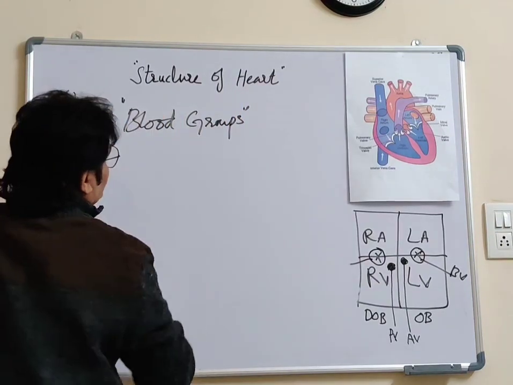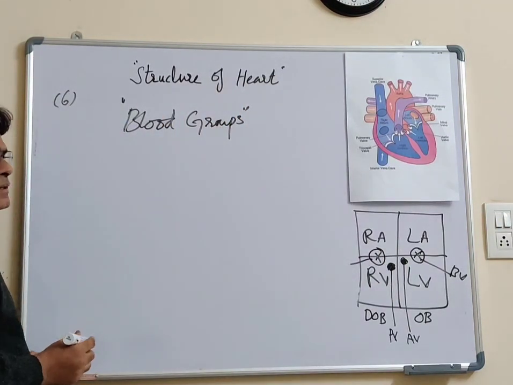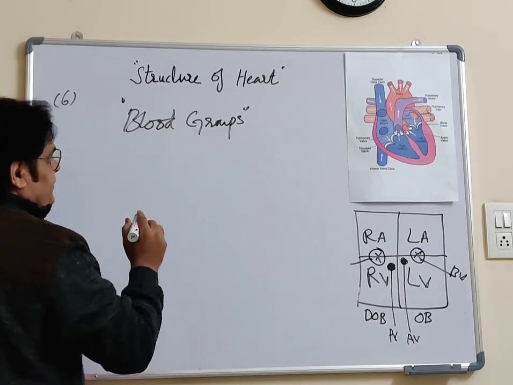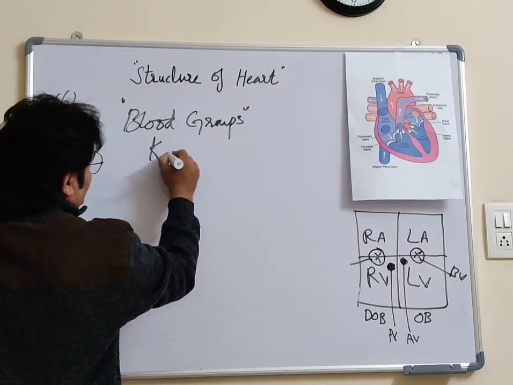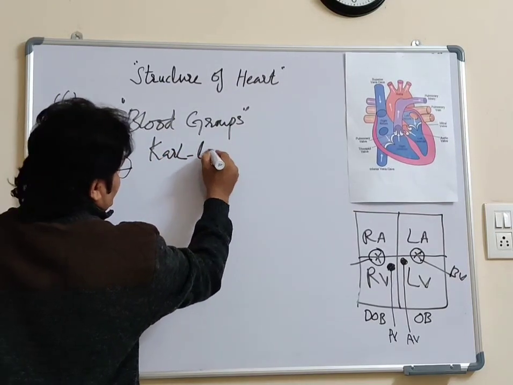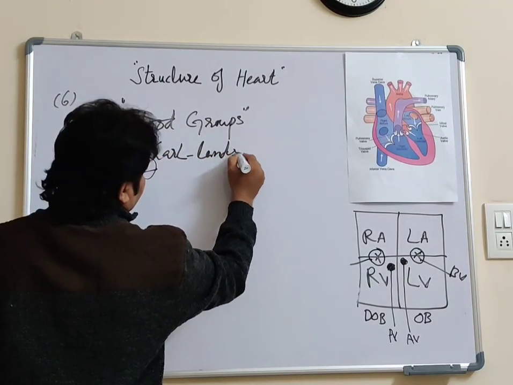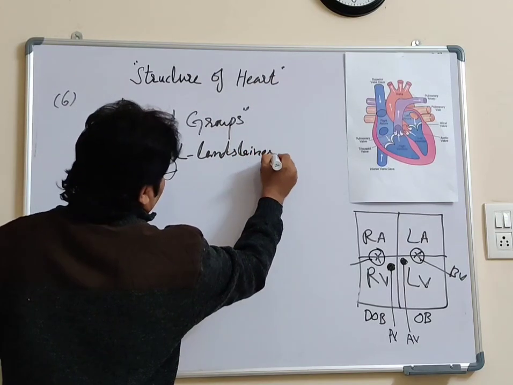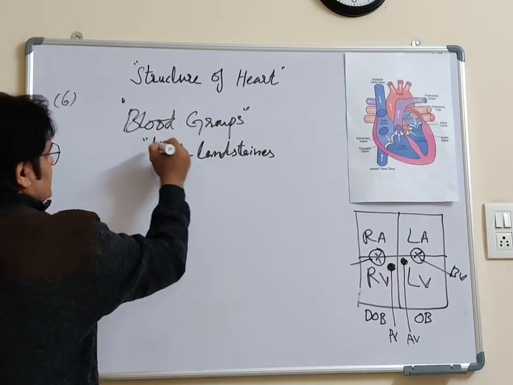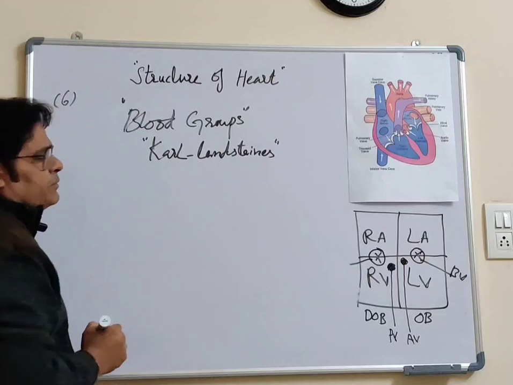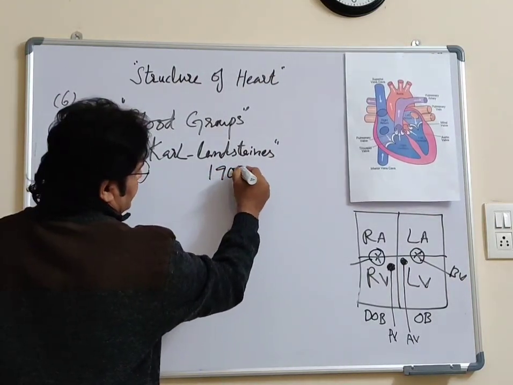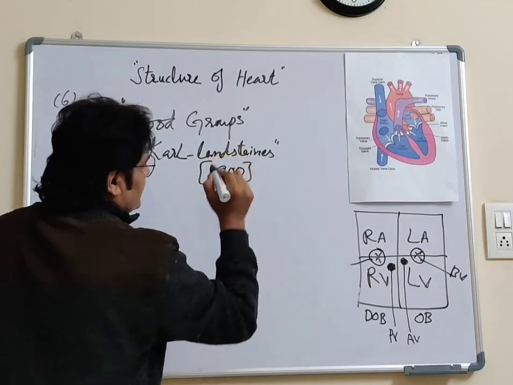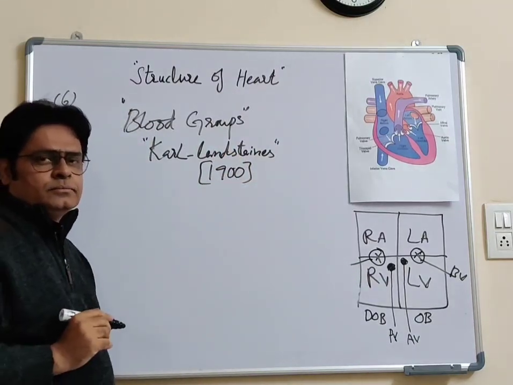These blood groups were discovered by a scientist called Karl Landsteiner. He discovered the blood groups in the year 1900. Clear?